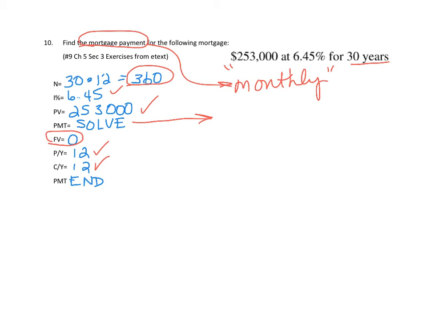And the payment is what we want to solve for, so we enter a 0 for that and for the future value. Compounding and payments 12 times a year. So when we solve for the payment amount, our payments are $1,590 and 82 cents.